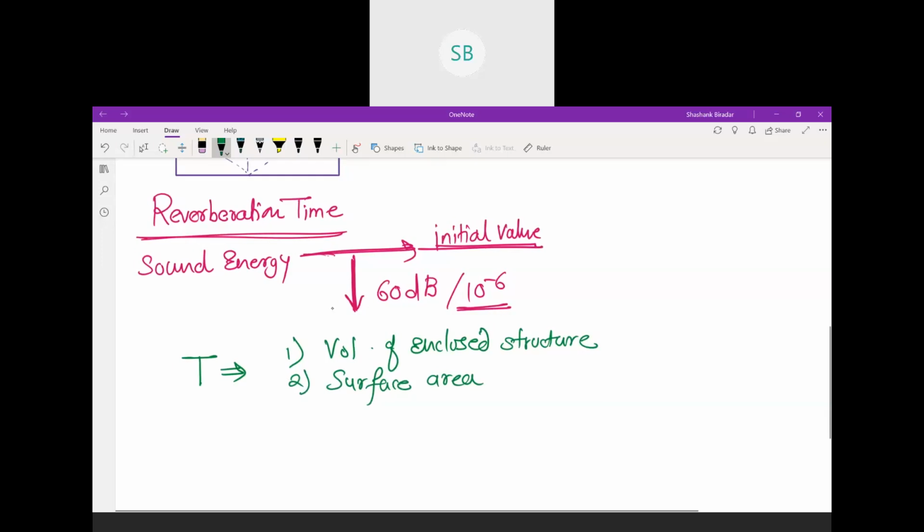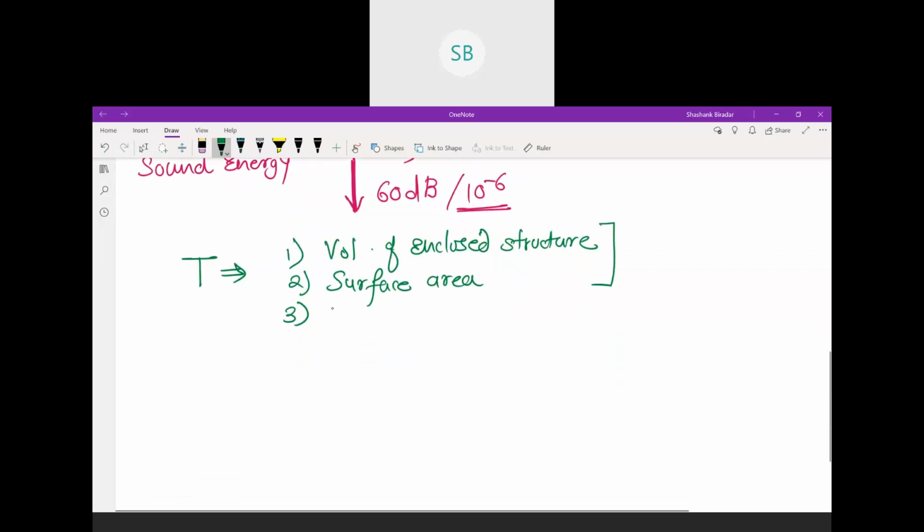These two factors are regarding the enclosure within which you are going to have an experience of the sound. The third one is the coefficient of absorption of the surface area. So this is the third important parameter.